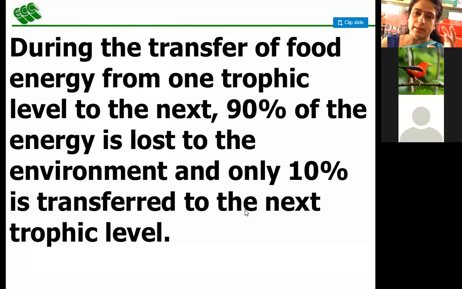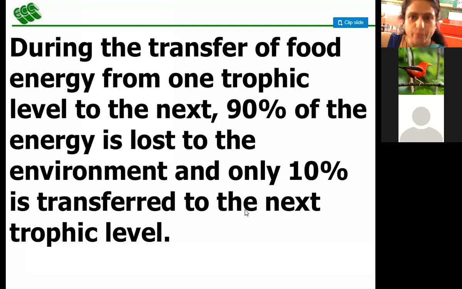So when the DDT, you know what is DDT? I'm not asking the name, but it's a pesticide which is used to kill pests. So they sprayed DDT 10 years back in and around the forest of Lake Michigan. What happened to this DDT?